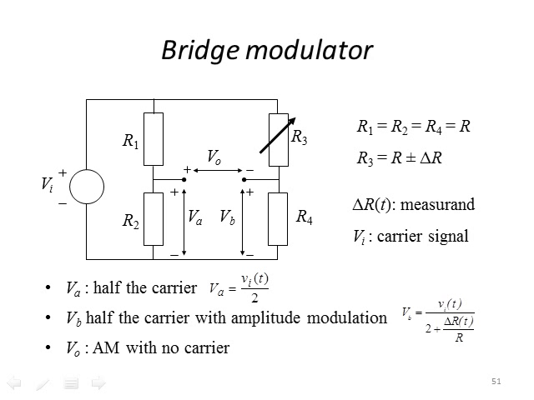Now, in this case, VR is our carrier signal, and our measurand, which is going to change in time, is the change in resistor, so delta R of t.